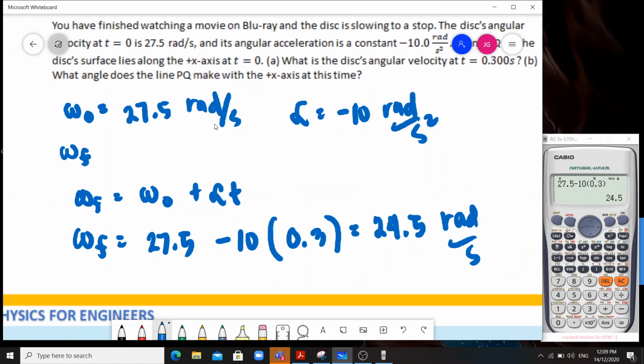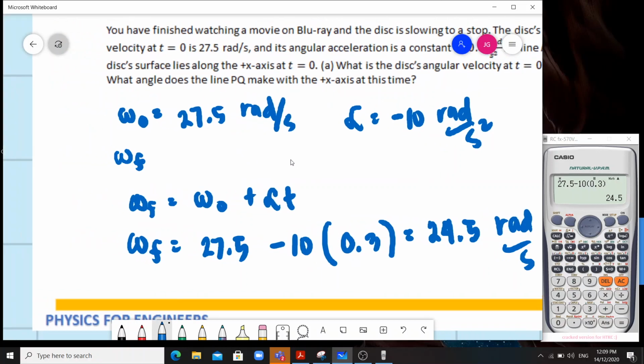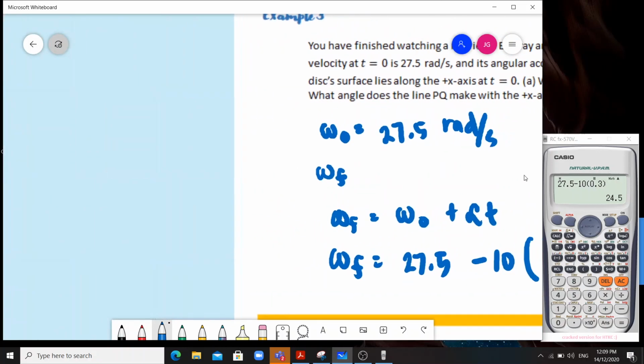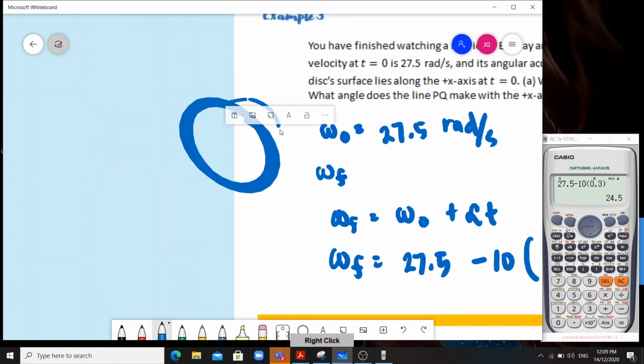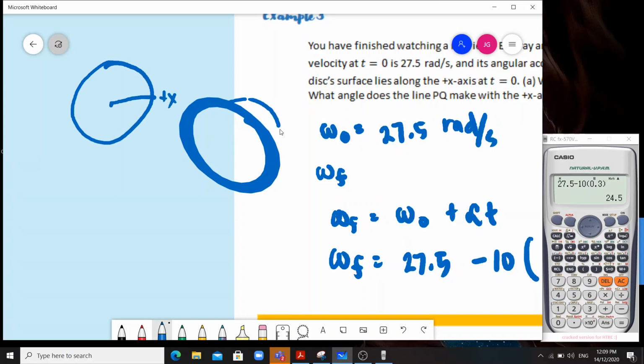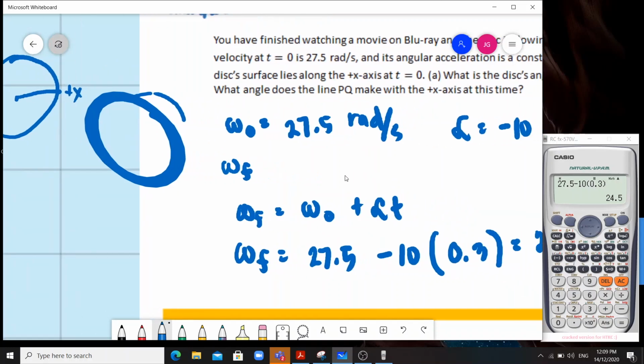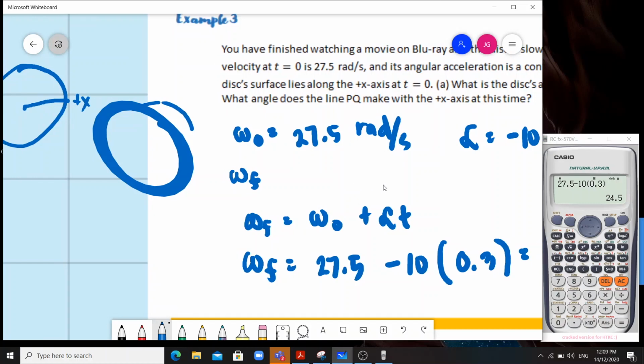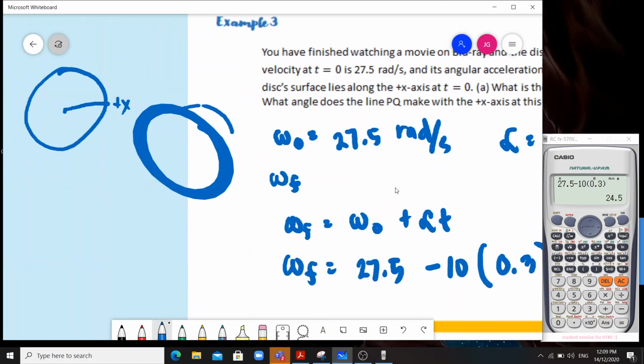For letter B, what angle does the line PQ make with the positive x-axis? If we draw this, this is the disk, and this is the line PQ on the positive x-axis. Of course, it rotates, at 0.3 seconds. What is the angle it displaced?